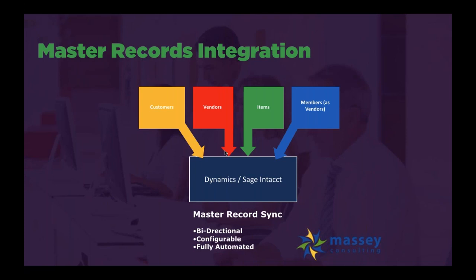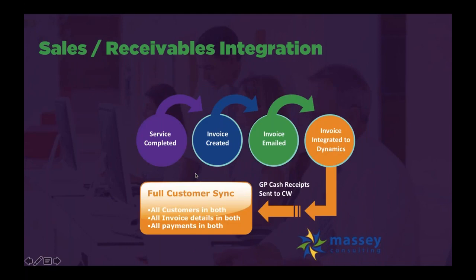You don't maybe add as many vendors as you do customers. Let's make customers a real-time synchronization. Let's make vendors a daily synchronization or an hourly synchronization or twice a day synchronization. Your choice, your integration, your choice, right? So we integrate these items as master records into and out of Dynamics and Sage Intacct.